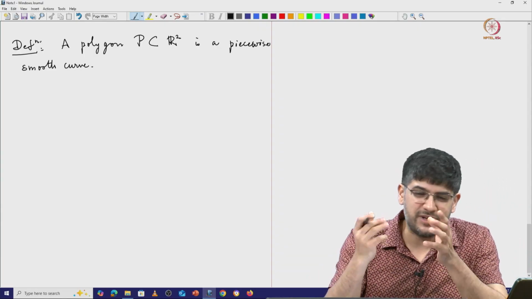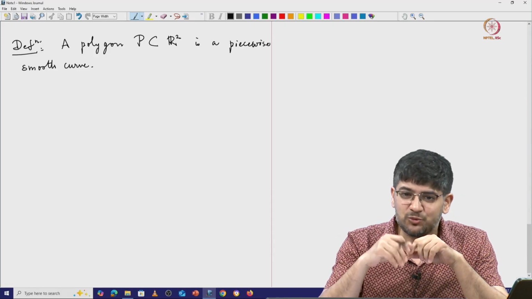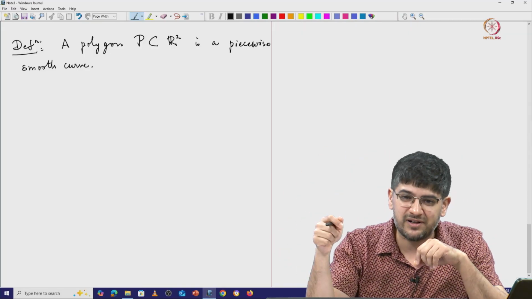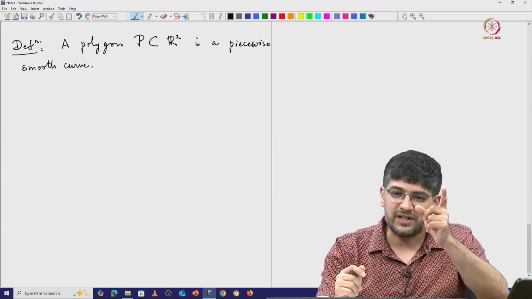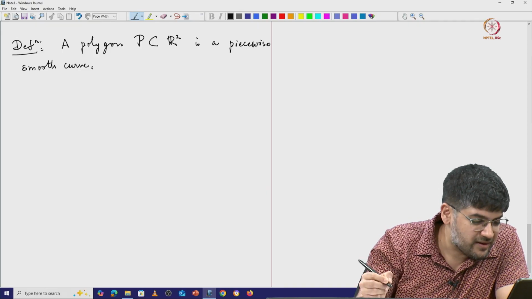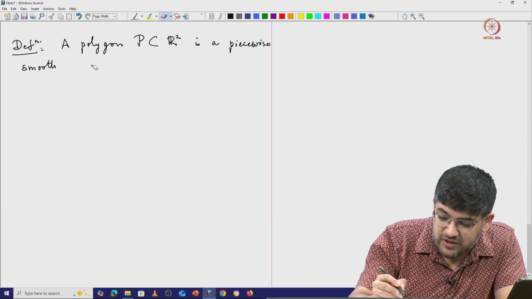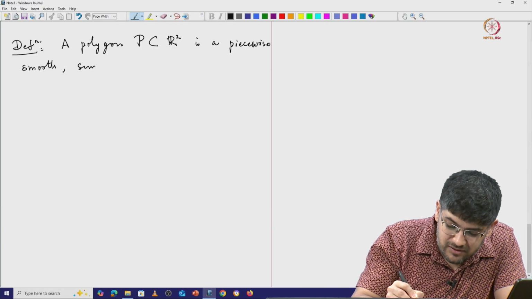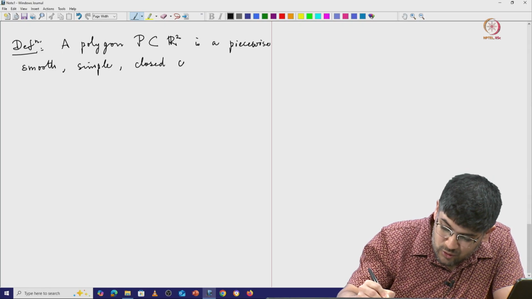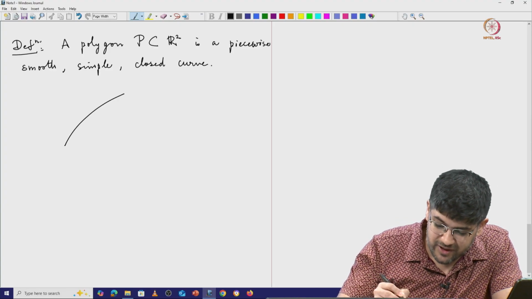I do not want to write down the definition, I am sure you must have seen this before, but a piecewise smooth curve essentially means that it is almost a smooth curve, except it is allowed to have a finite number of corners, where the velocity vector makes an abrupt jump. So it is a piecewise smooth simple closed curve.